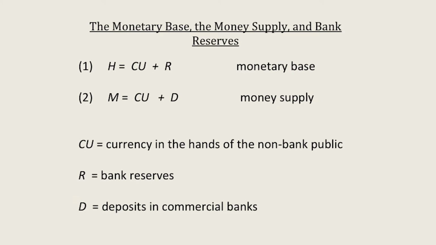Now, this symbol H dates back to the days of monetarism, when the monetary base was called high-powered money. And it's not a good term. But I've kept H because what else am I going to have? Two M's. So I've kept H because it's convenient to have a different symbol.